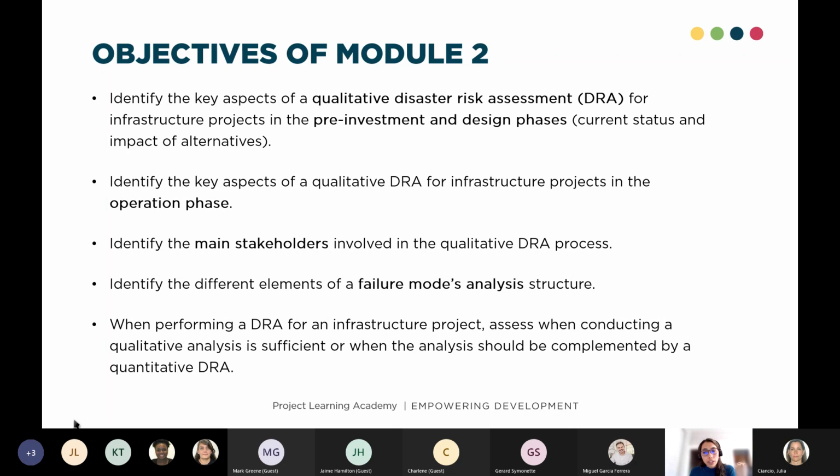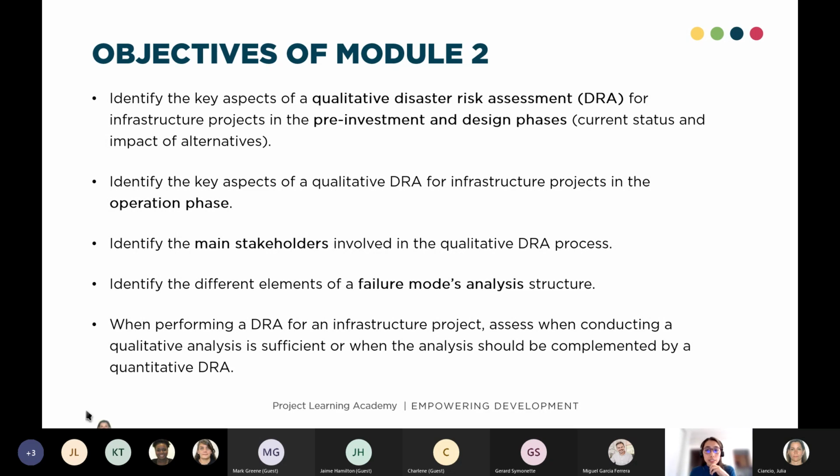If we identify in the previous analysis, the screening, that we need more information to take decisions, then we might complete a disaster risk assessment. So the idea is to understand when we have to make a qualitative and when a quantitative risk assessment.